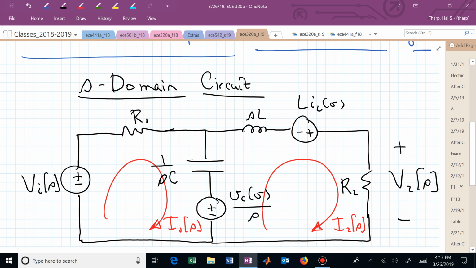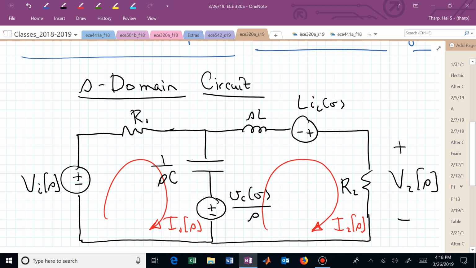I see it touching 1 over SC, I see it touching SL, and I see it touching R sub 2. That's now in the 2, 2 entry of that matrix. What impedances are shared by I1 and I2? 1 over SC. That's going to come in with a minus sign in the 2, 1 entry of that impedance matrix. And what about our voltage sources?